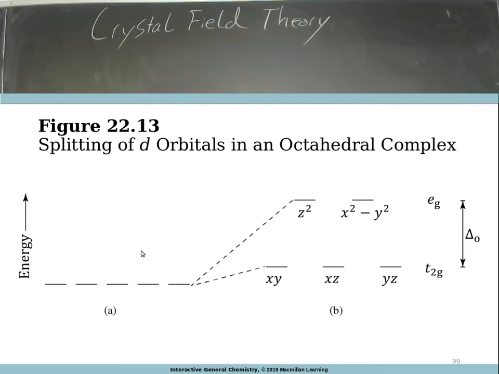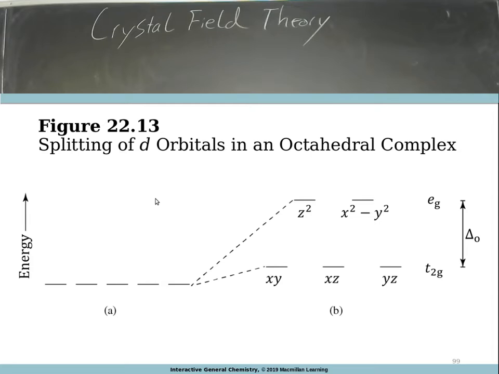Okay, so on the left you see how the d orbitals look before any ligands bond. They are degenerate. That means all 5 of them have precisely the same energy. They're just 5 different orbitals within the same energy level. But after the ligands attach, you see they'll all increase in energy a little bit.